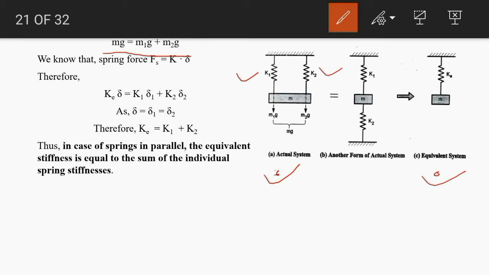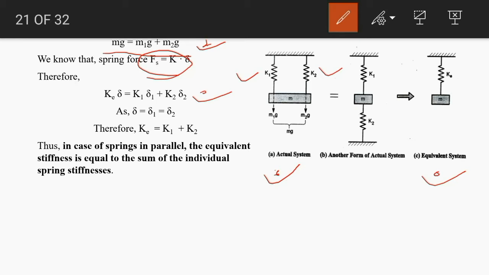Now we already know that spring force is equal to k into delta. For the equivalent spring, Fse is equal to ke into delta. For spring number 1, Fs1 is equal to k1 into delta 1, and for spring number 2, Fs2 is equal to k2 into delta 2. From this we can write ke into delta is equal to k1 into delta 1 plus k2 into delta 2.